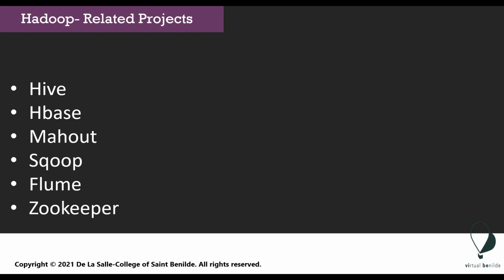It is designed to support the bulk import of data into the HDFS from structured data stores such as relational databases, enterprise data warehouses, and NoSQL systems. So yung NoSQL system, ito yung ginagamit natin for unstructured data, no?